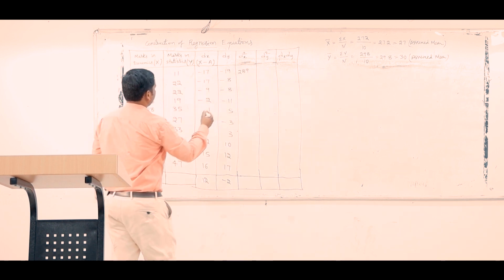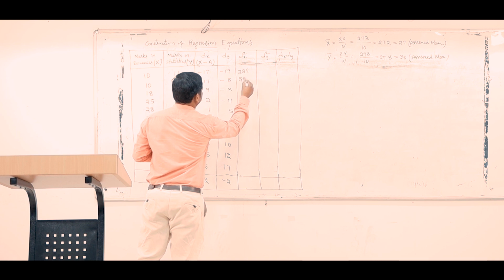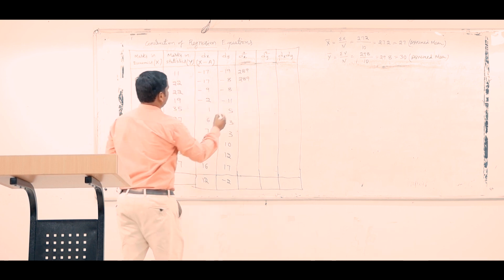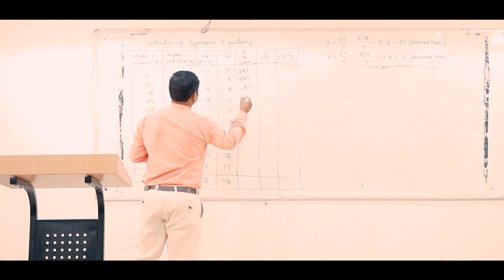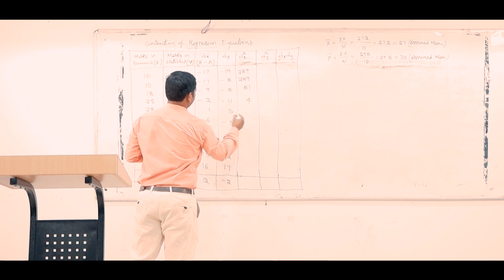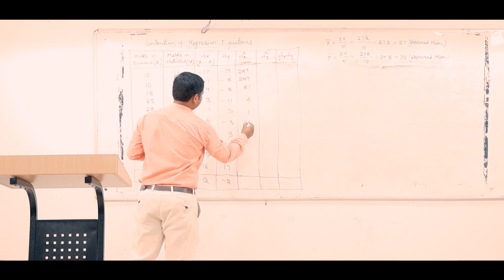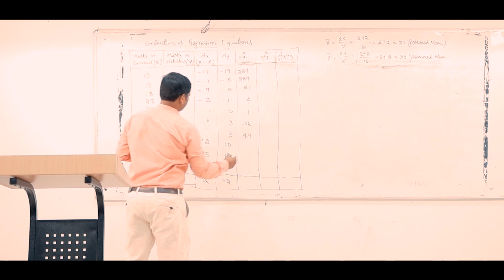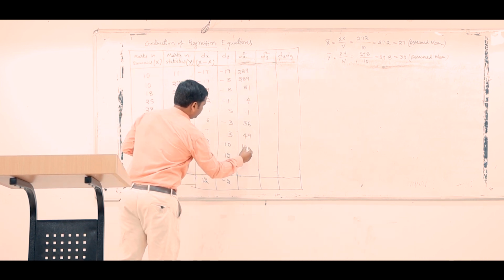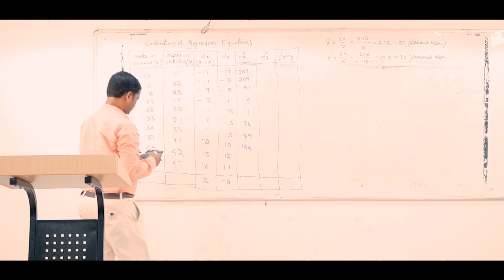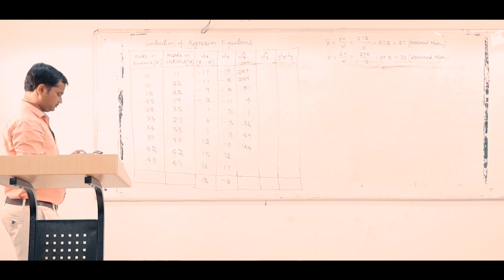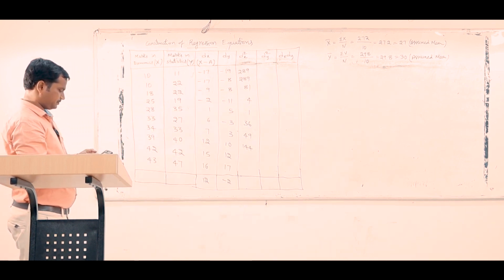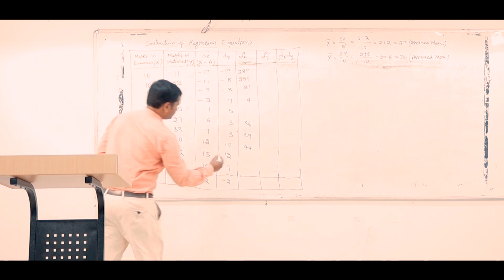Next it will also be 289. Then 81, 4, 1, 36, 49, 144, which is 12 square. Next 15 into 15 is 225.